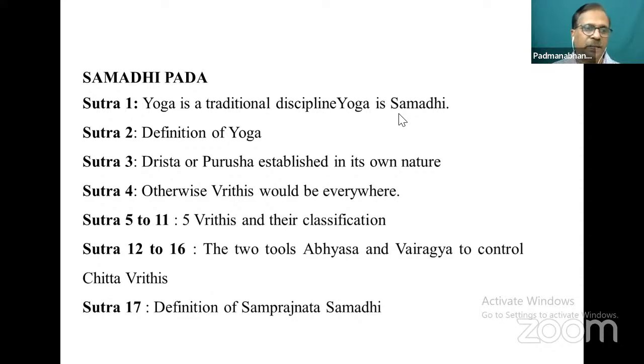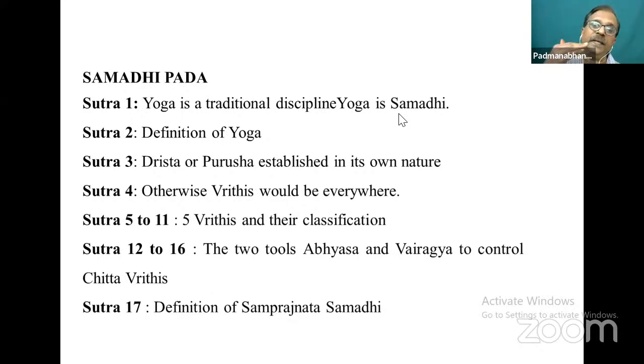And Sutra 3 is what happens when we are able to control the chitta vrittis: Tada Drashtuh Svarupe Avasthanam. Drashta means the seer. So Patanjala Yoga Sutra mainly talks about the difference between the seer and the seen.